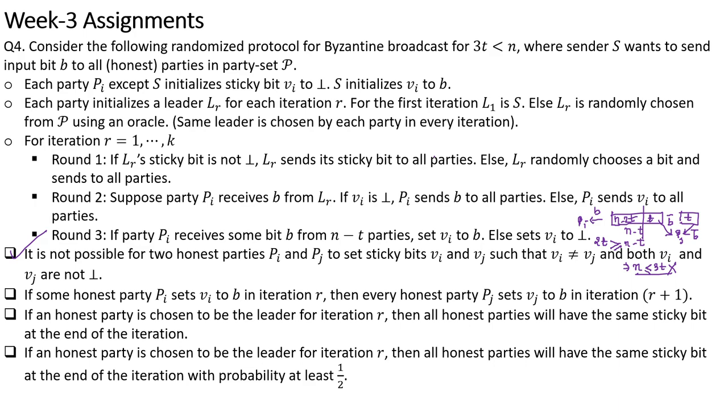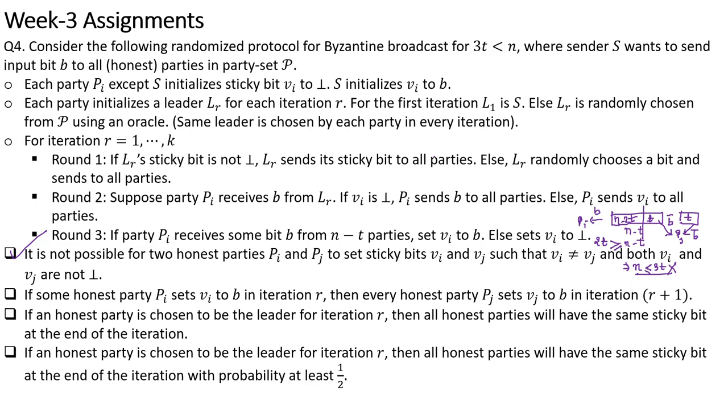Analogous to the previous statement, we cannot ensure that all the honest parties will have the same bit B at the end of the iteration, even if the leader is honest.